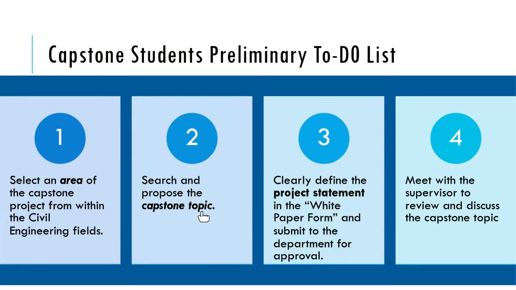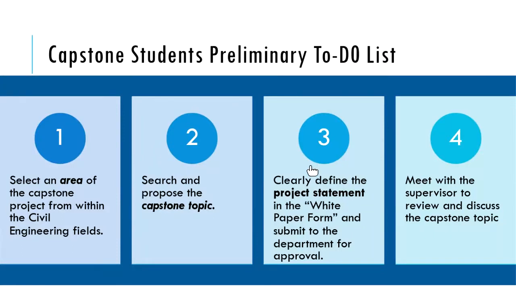You should, as students, decide what area and what topic you want to pursue, and then present it to your supervisor. They will provide feedback. If the topic lacks complexity or lacks sophistication, as faculty members, they will recommend that you add a level of details to that.